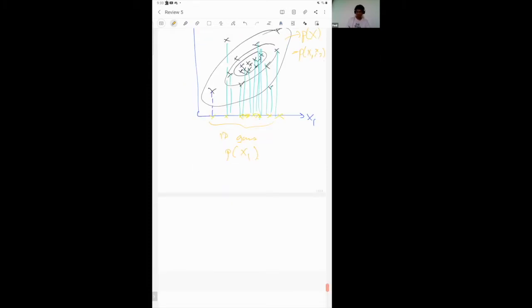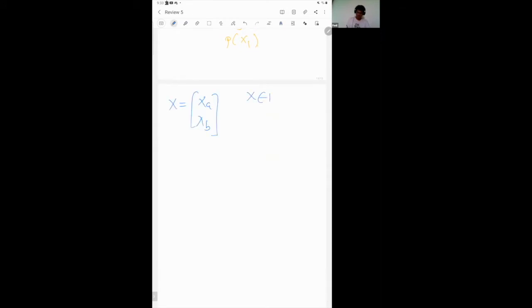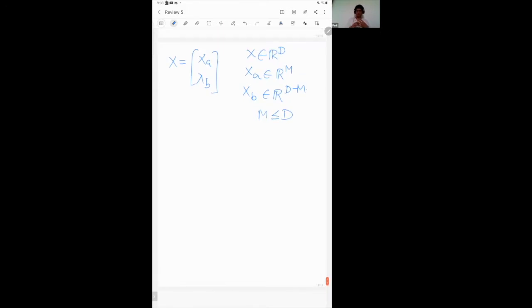So now we have x as xa and xb. x is d-dimensional, xa is m-dimensional, and xb is d minus m dimensional, and obviously m is less than or equal to d. So now I would split the mean and covariance of x accordingly. Mu is the expectation of x, and I would split it into mu a and mu b. This term would be m dimensional, and this term would be d minus m dimensional.